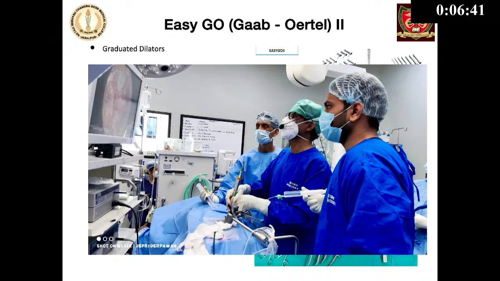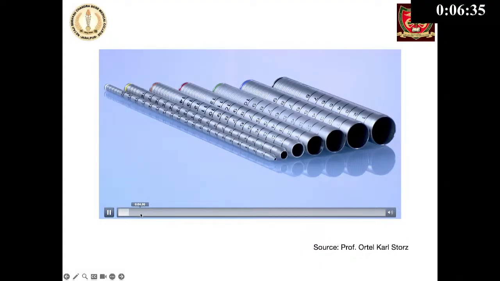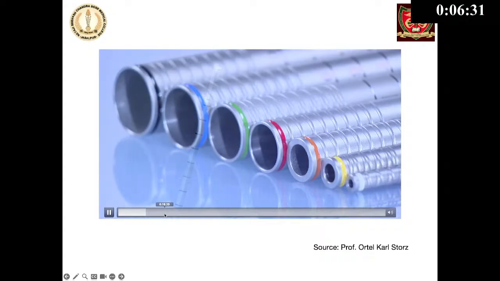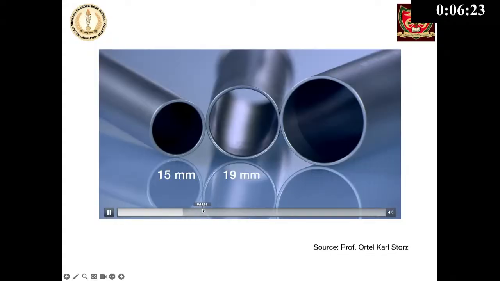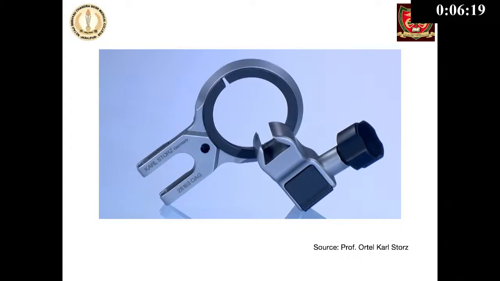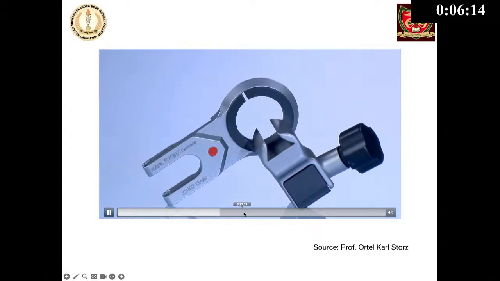So EasyGo, as you usually know, has graduated dilators, a trocar, and a 4 mm 25 degree scope, and there are other simple instruments. You can see this is the EasyGo setup. This is a small video of the dilatation. These are the sequential dilators of different sizes.